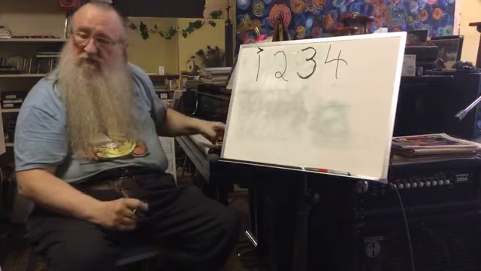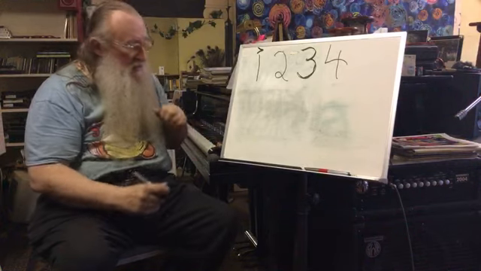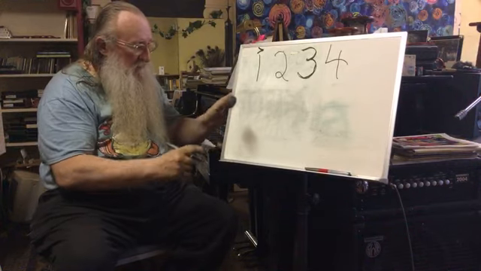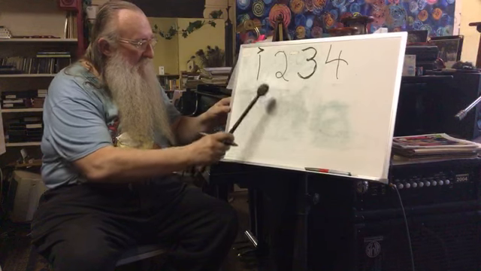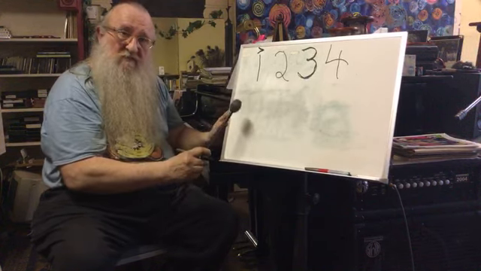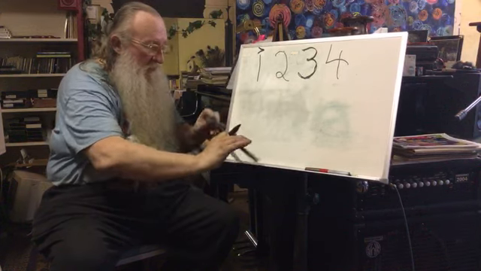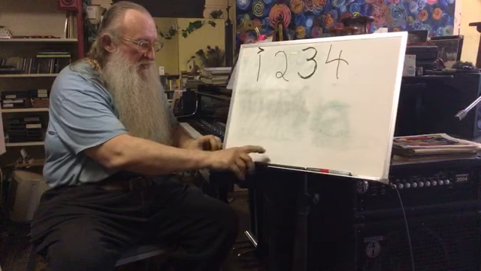Okay, now, for the second code word, we're going to add in a Tarzan somewhere. So listen very carefully. I'll do it one more time. I'll clap it for you.